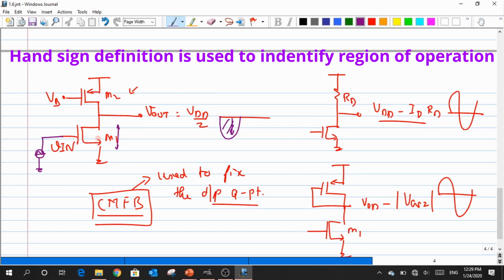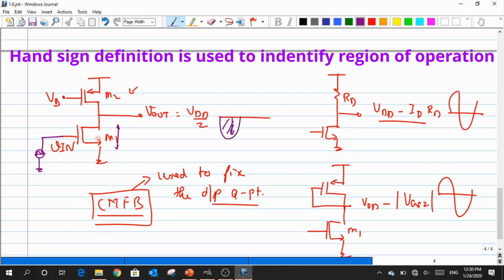Right now my VDS is at the top, VDD by 2. My VGS minus VT is my VOV level, right? So the drain voltage is stepping down from the value of VDD by 2 and then it keeps reducing. In this position, am I in saturation? Yes. And in this position?